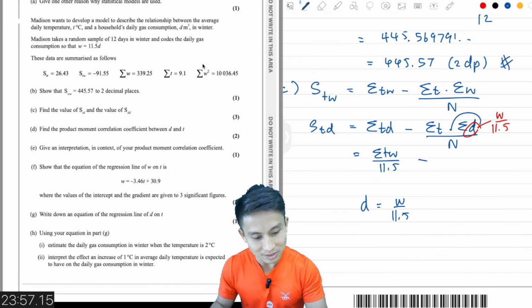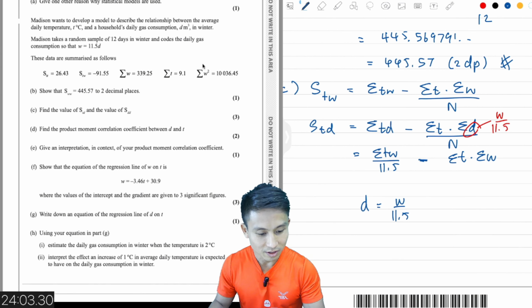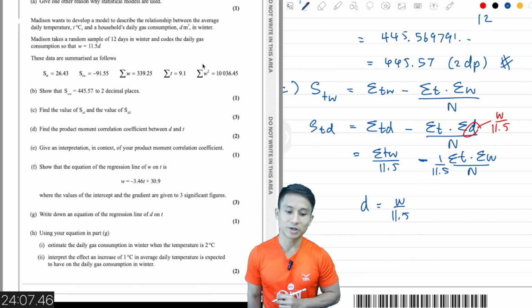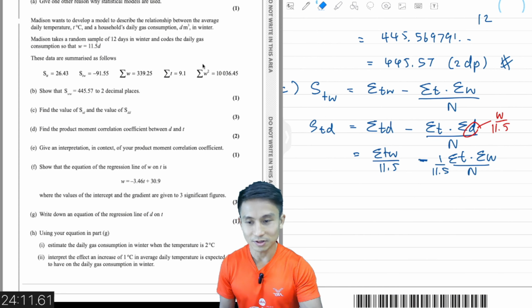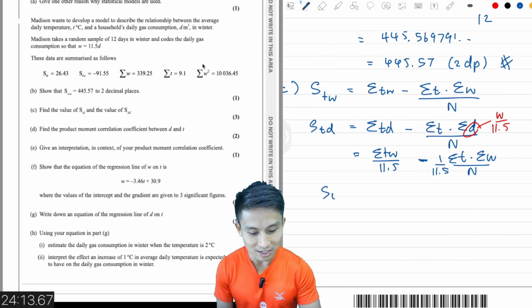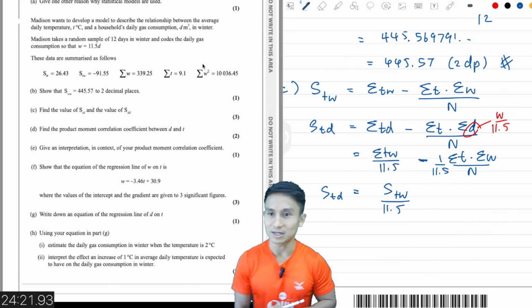And also, because this is also W over 11.5, it's like sum of t times sum of w times 1 over 11.5 here, and everything else is the same. So I'm just saying that, to find STD, you basically just do the STW divided by 11.5.